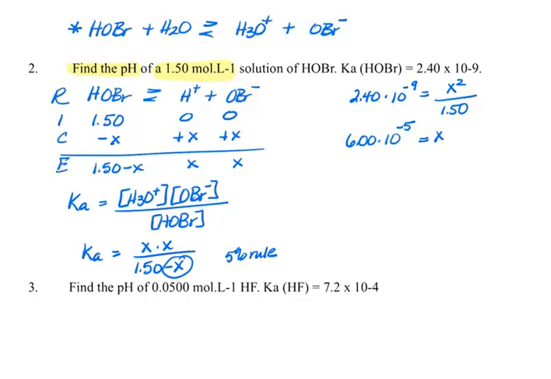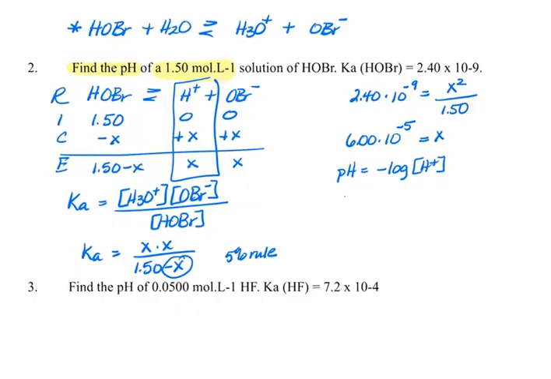And so again, they want us to find pH. And we know pH is the negative log of our hydrogen or hydronium ion. And once again, it's going to be my x, which it should always be the case.